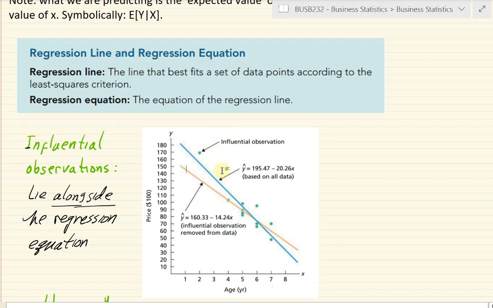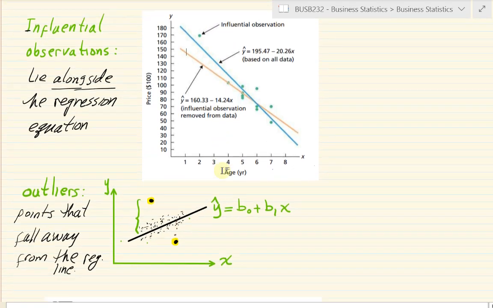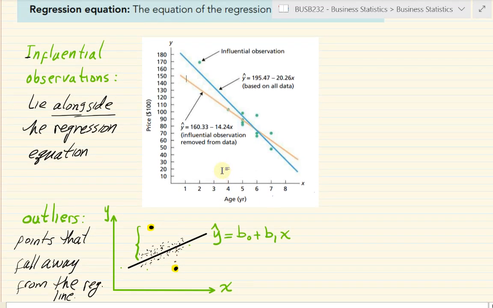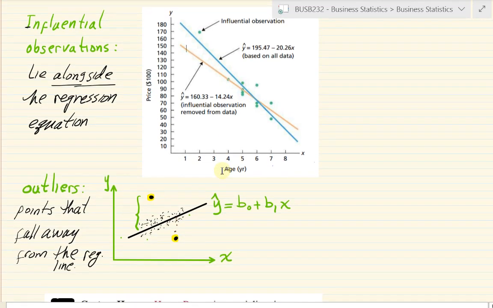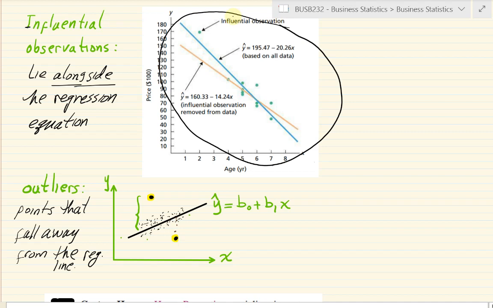The other idea is outliers. Outliers are those that are away from the trend line. Looking at the chart up here, I'm looking at the blue line, and I don't see any outliers. What would an outlier look like up there? For example, look at the 7-year-old.